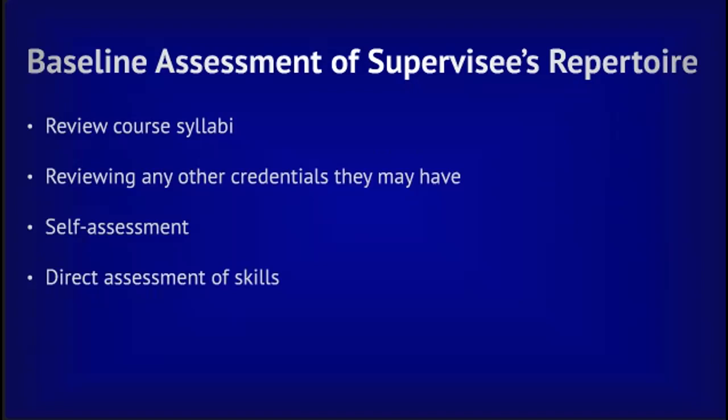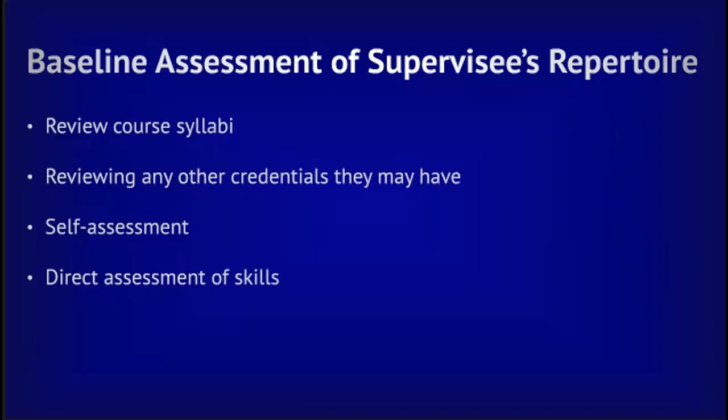Another great thing to do during this initial process of working with your supervisees is to figure out what skills you're going to train them on by asking them to do a self-assessment. So maybe using the BACB task list to work off of, regarding all of the different objectives that students are going to need to meet in order to take and pass the BCBA exam.